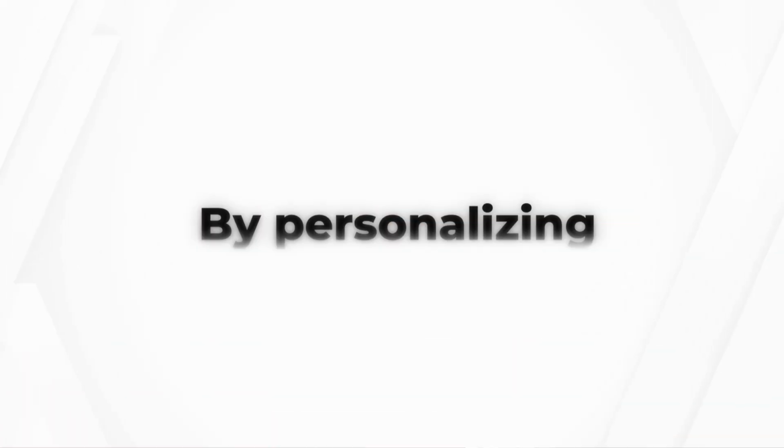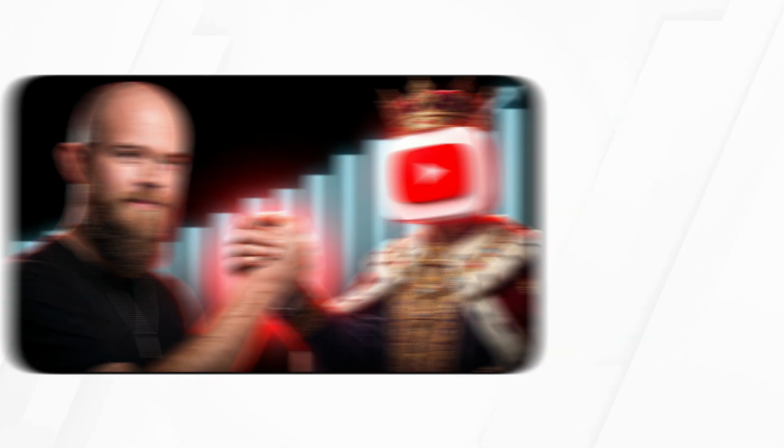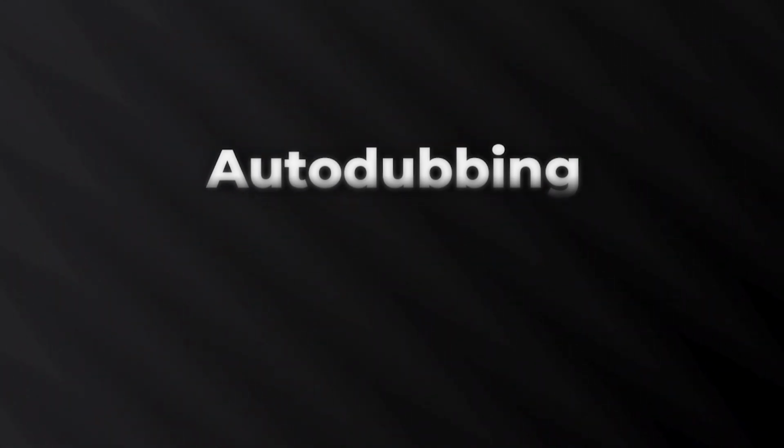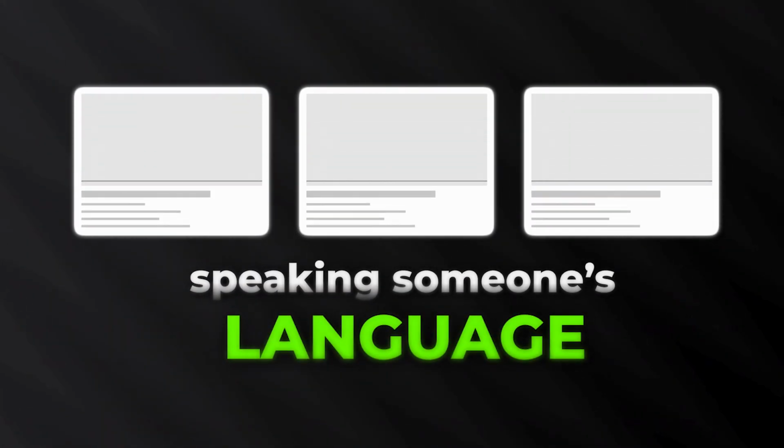And if someone doesn't speak your language, then it already doesn't feel like they're talking to you. So by personalizing the thumbnail, the title, the description, and having that auto dubbing on your videos, you're already speaking someone's language, and it's one variable that pulls them in and says, hey, this might be for me.